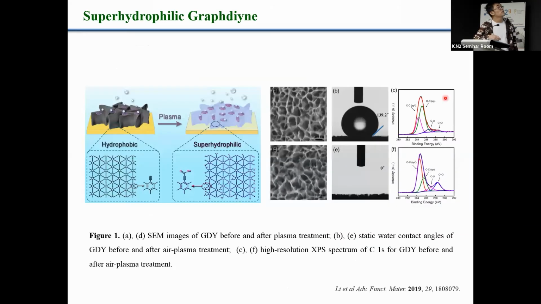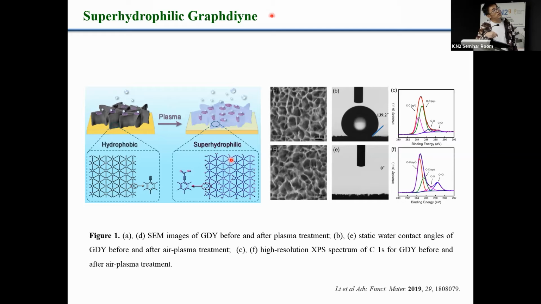With this in mind, here we use plasma treatment on the graphene, and after the oxygen plasma treatment, we can change the hydrophobic graphene to superhydrophilic graphene. The graphene becomes superhydrophilic because we introduced a lot of carboxyl groups and OH groups. These groups are hydrophilic, so this graphene becomes superhydrophilic.